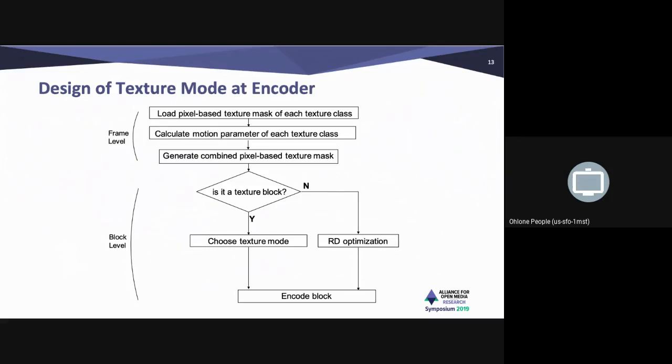We also want to make sure that the pixel-level texture segmentation fits with the block structure within the frame. This is done at the frame level. Once we get to the block-level decision, we want to see whether this is a texture block, satisfying that the entire block is completely covered with texture. There are some other criteria I'll go into in more detail later on, and then we decide whether this block should be coded using the texture mode or go through the normal RD optimization.